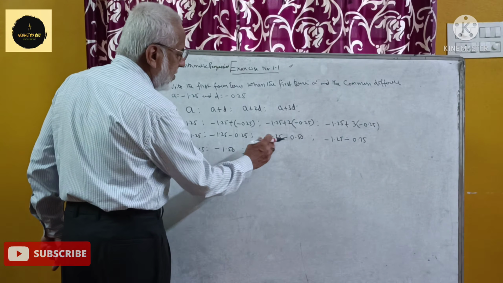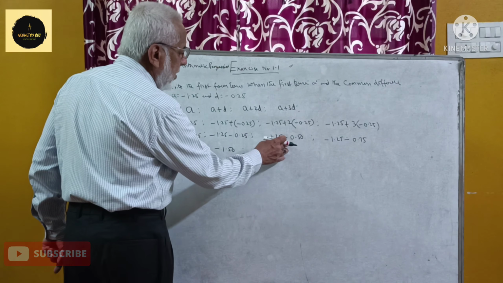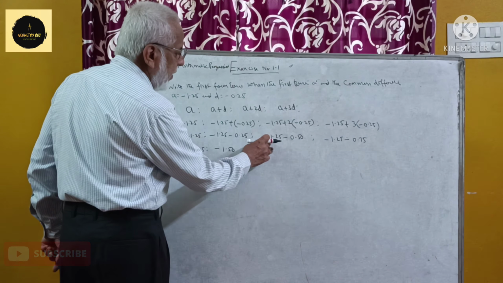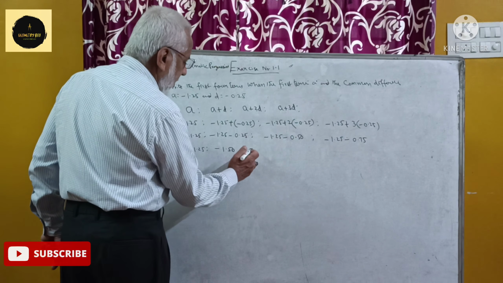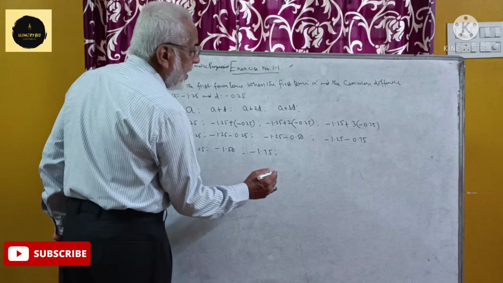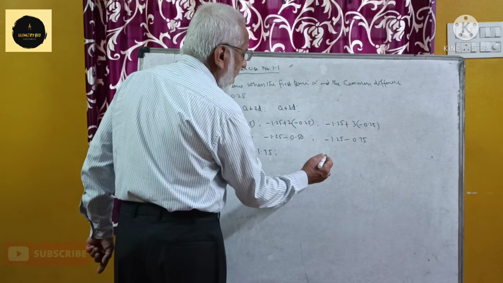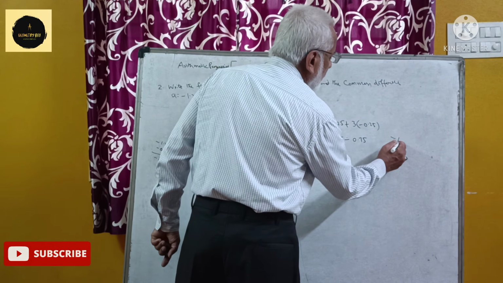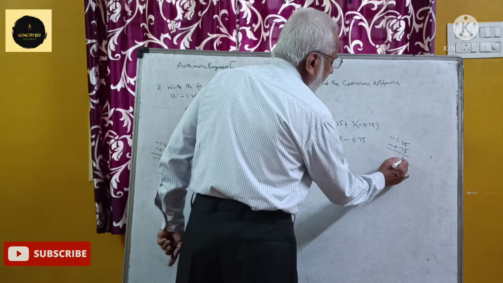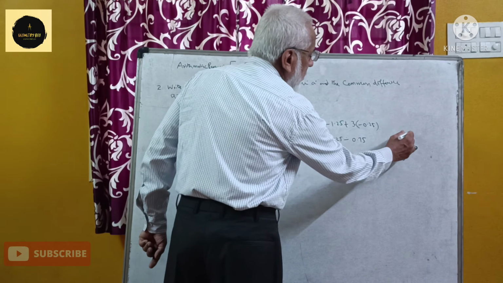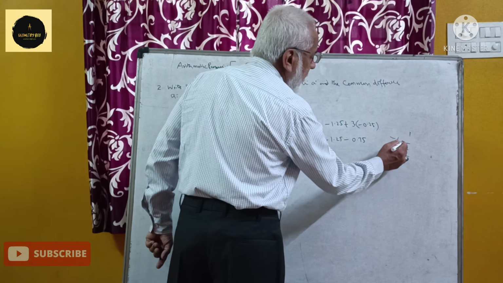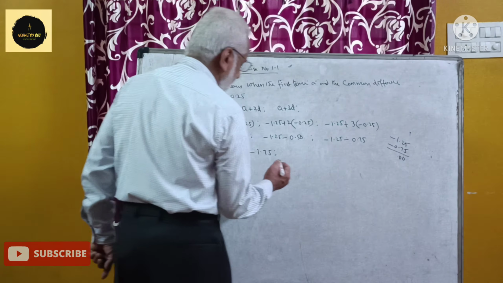Then the third term also carries the same sign, so the sum of two negative integers is negative, that means minus 1.25 and then minus 0.5. If we add, we get minus 1.75. Then again for the fourth term, we add minus 1.25 and minus 0.75. 5 plus 5 is 10, carry 1. 2 plus 2 plus 7 is 11... 9, 9 plus 1 is 10, carry 1. 1 plus 1 is 2.